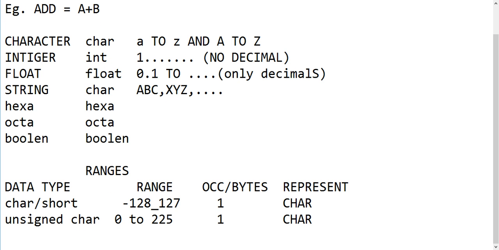The third thing is the integer, int. It has a range from minus 32768 to plus 32767.